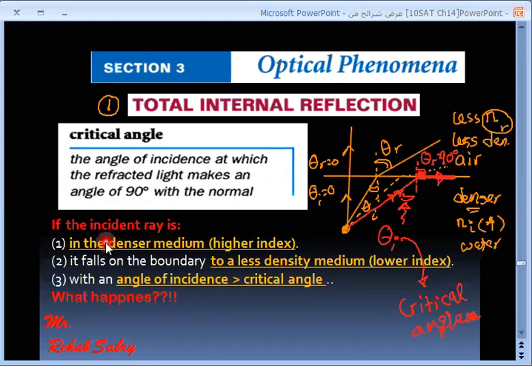Well, so if the incident ray is in the denser medium, remember these three conditions. This situation will happen in the following conditions. If the incident ray or the source is in the denser medium or the higher index, if it falls on the boundary with a less dense medium or lower index, and if the angle of incidence is more than the critical angle, what will happen?